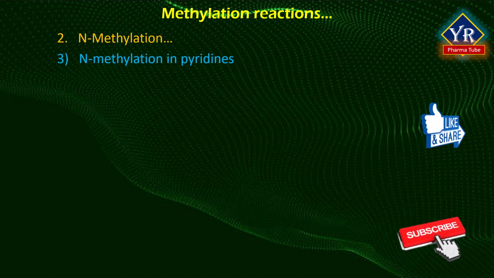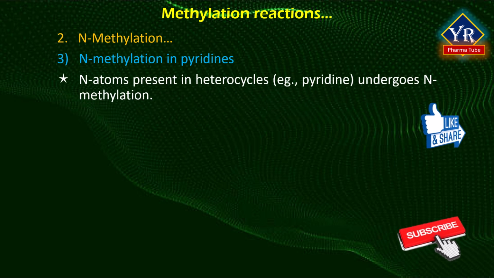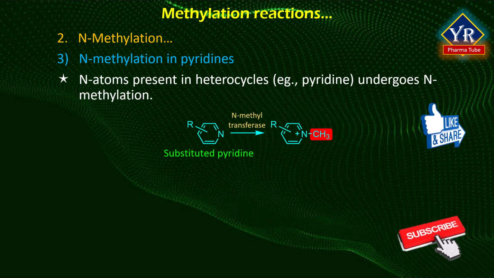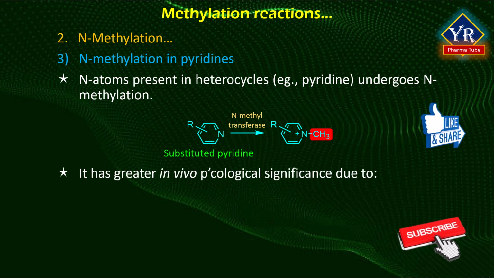N-methylation in pyridines. N-methylation of nitrogen atoms present in heterocyclic compounds, that is pyridine derivatives, also takes place. N-methylation of pyridine-type nitrogen atoms appears to be of greater in vivo pharmacological significance than the reactions discussed above, and this for two reasons.